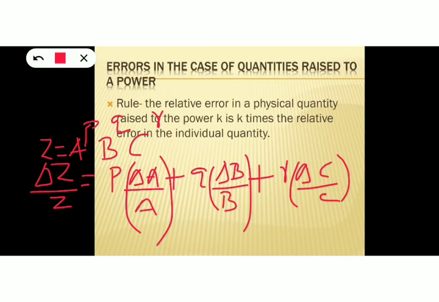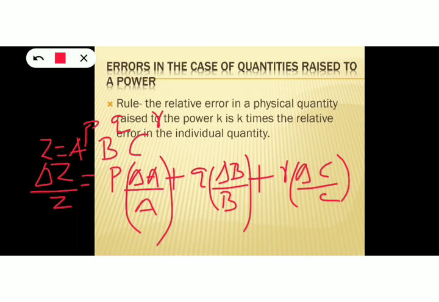So whenever you get two quantities with error as well as the true value part, first you must add the true value part if it is an addition, subtract the true value part if it is a subtraction, divide the true value part if it is a division, and multiply the true value part if it is multiplication.